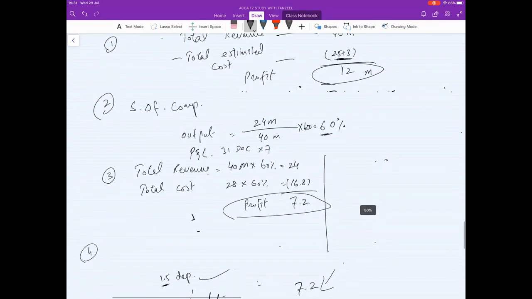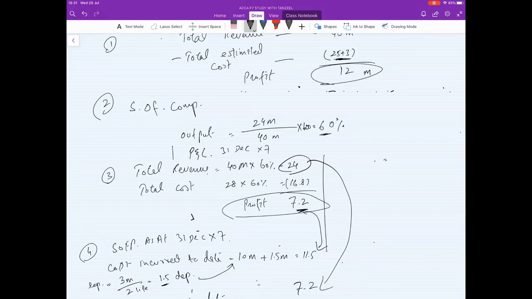So this is X7, now X8. Let's make X8. Total revenue was 40 million and total cost was 28 plus 3, which is depreciation.